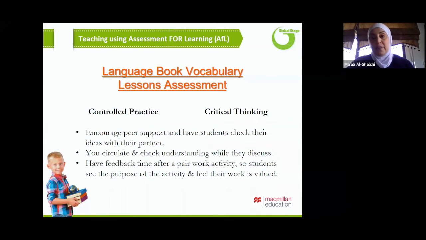This is the most important point, because I know in Jordan it's a little bit, let's say, pressuring, if I may use the word.